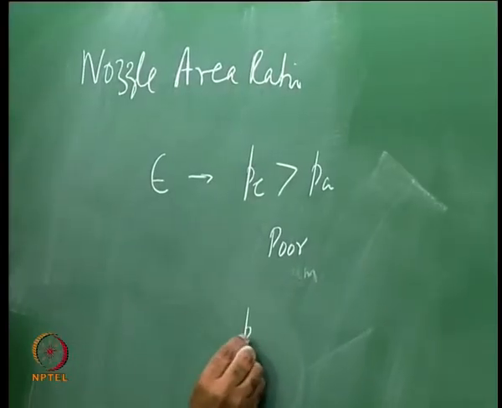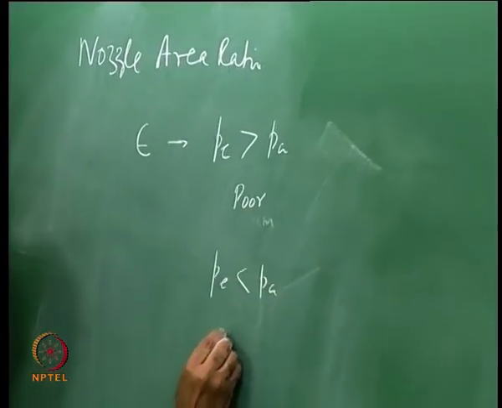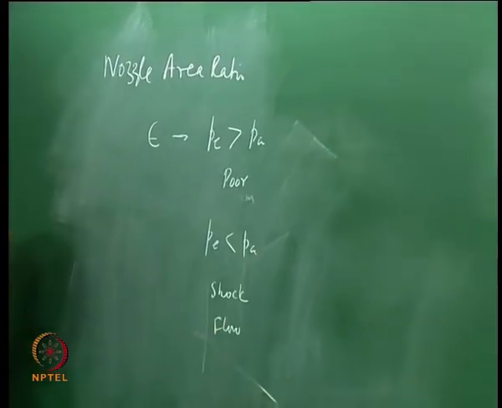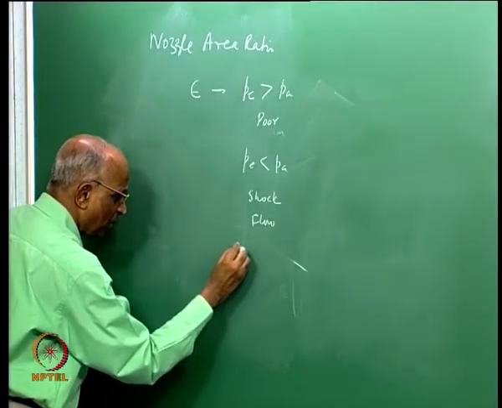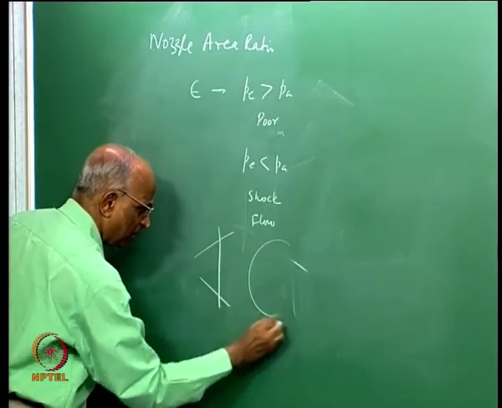But in case my PE is less than PA, I will have something like a shock, a flow separation taking place in the nozzle, and if I consider a section of the nozzle, I consider somewhere over here flow separation taking place.